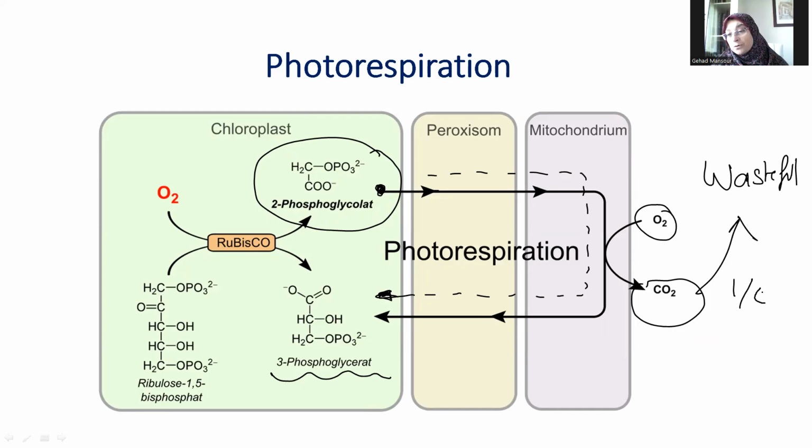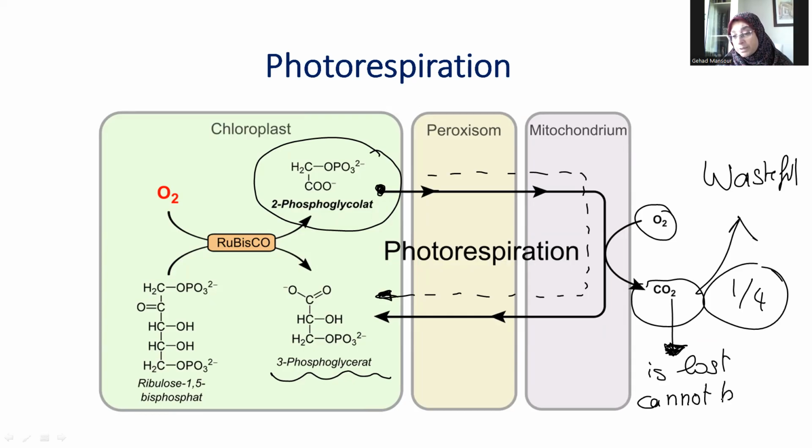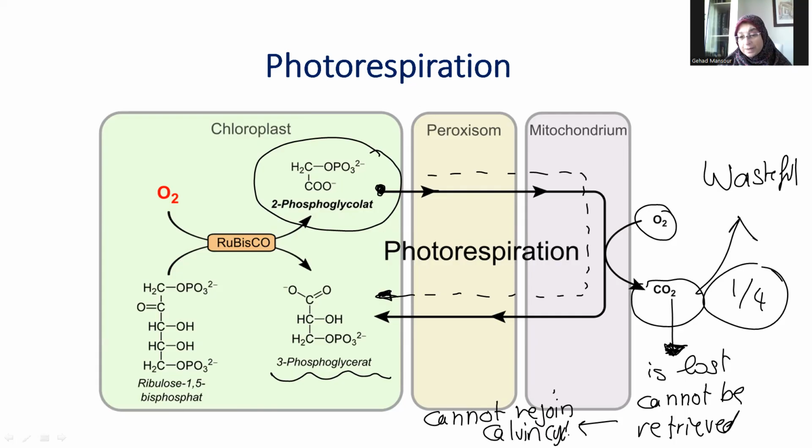One quarter of the carbon dioxide molecules are wasted and cannot rejoin the Calvin cycle. So during the process of correction, carbon dioxide is lost and cannot be retrieved. This means one simple thing: this 25% of carbon dioxide cannot rejoin the Calvin cycle, and therefore cannot be reduced into glucose.